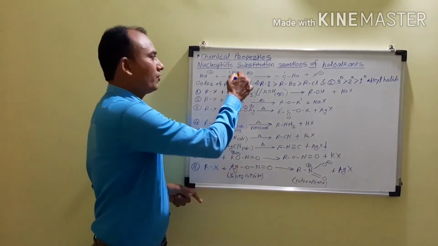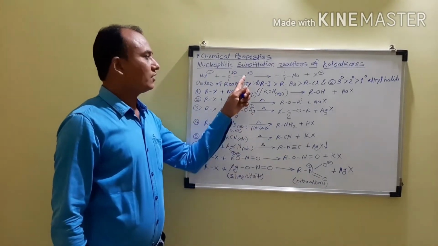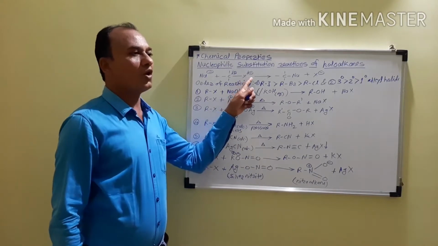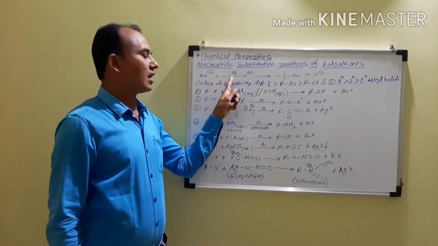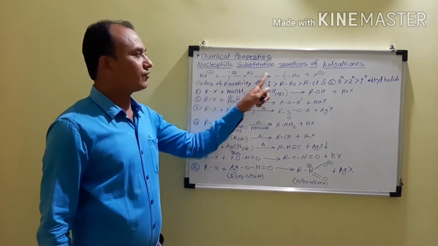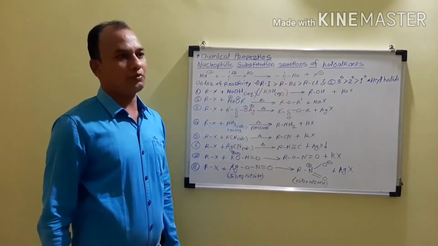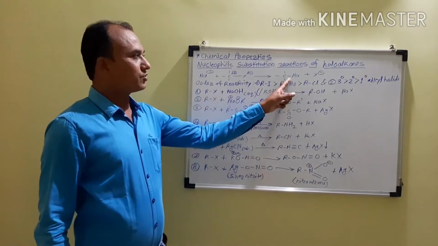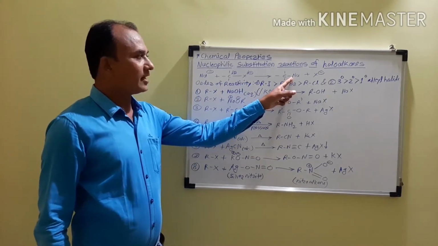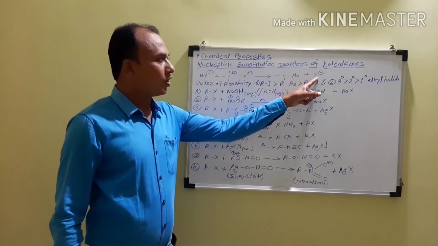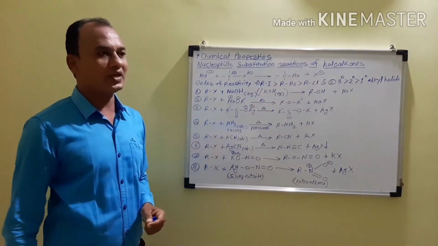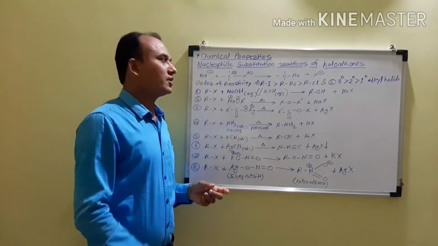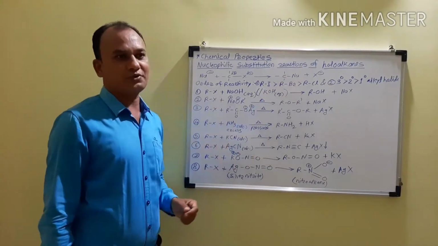So this bond will break, the halogen atom will be removed, and the nucleophile will attach to this carbon atom, and from that we get a substituted product, after the removal of the leaving group, that is the halogen. The halogen leaves the substrate and the nucleophile attaches to the substrate, and then we get the substituted product.